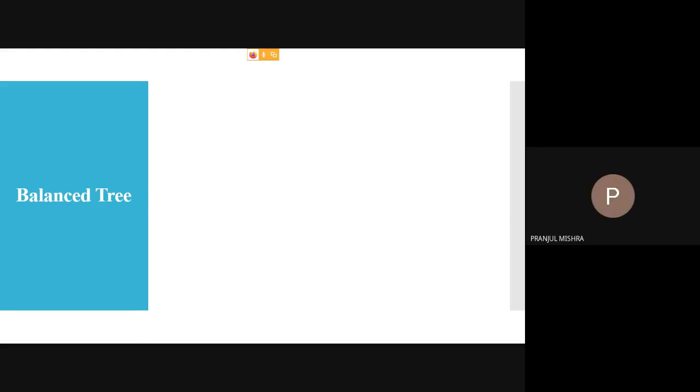Ma'am, will you please repeat the question? Height of the node. What do you understand by it? Maybe from the root level to the leaf level, I guess.